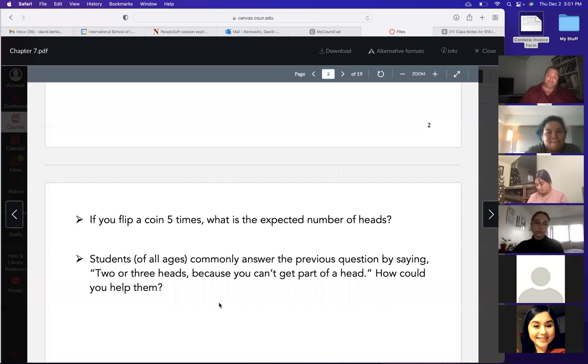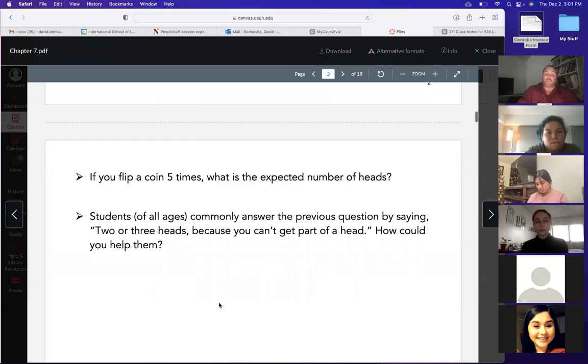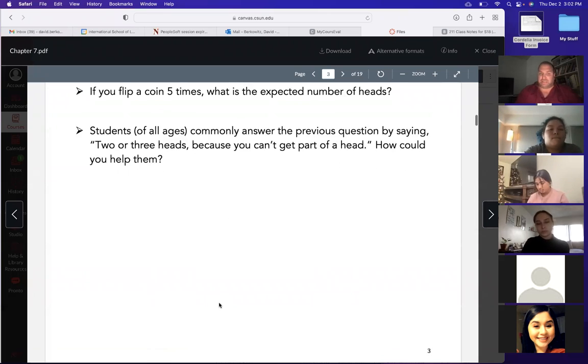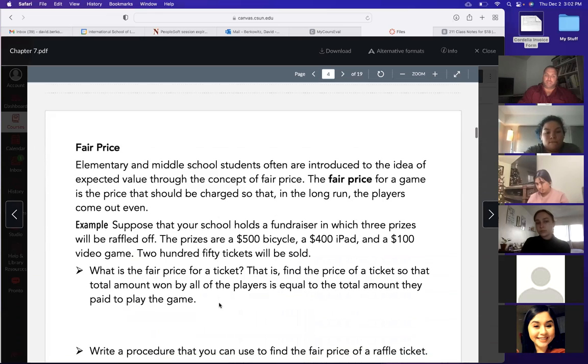No, it's not 2 or 3, it's 2.5. I know you can't get 2.5 heads every single time. So what does that mean? It means on average, if you do this lots and lots of times, it'll be 2.5 per time, even though you can't get 2.5 on any individual trial.